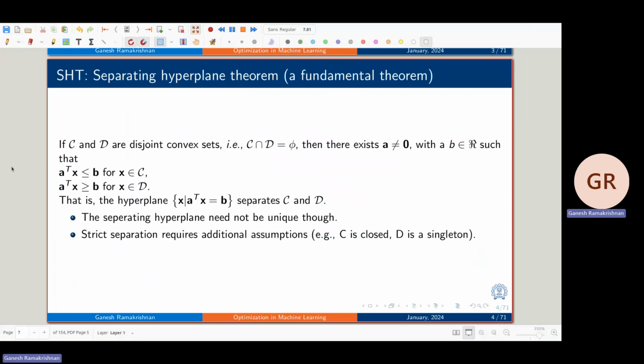So what does support vector classification do? It says that if you project these points C prime and D prime into some higher dimensional space, then there is a separating hyperplane in that space, right? Yes, so this can be a separating hyperplane.